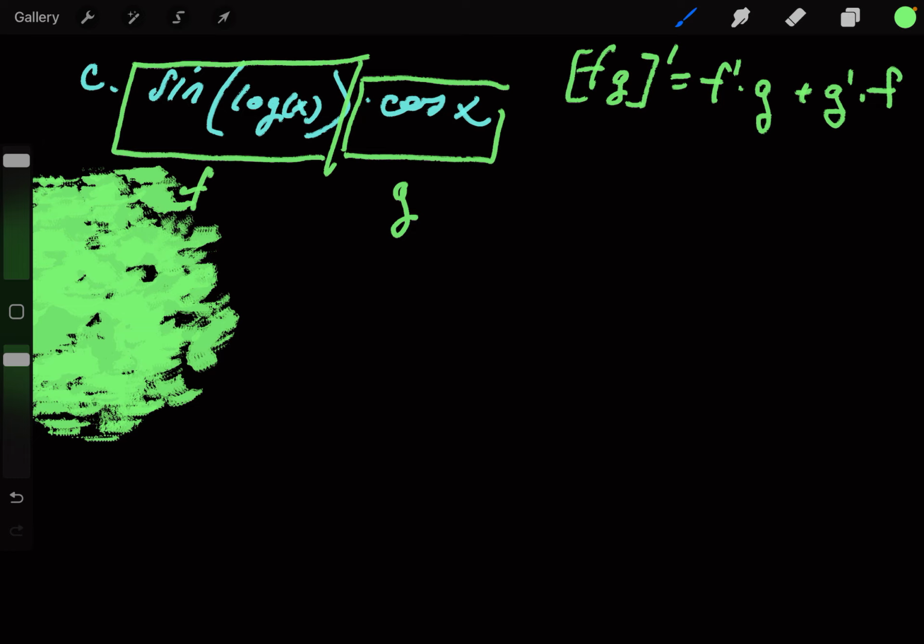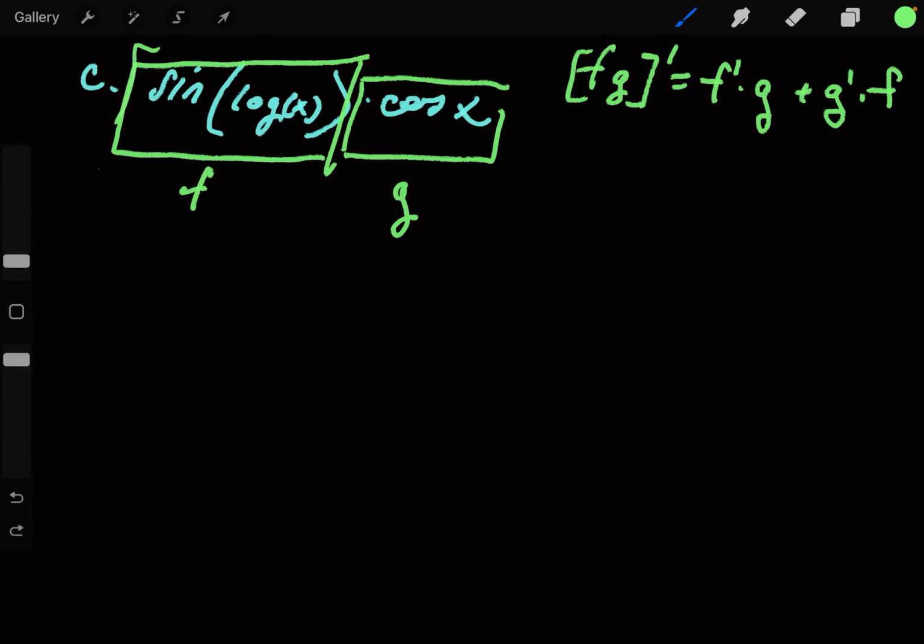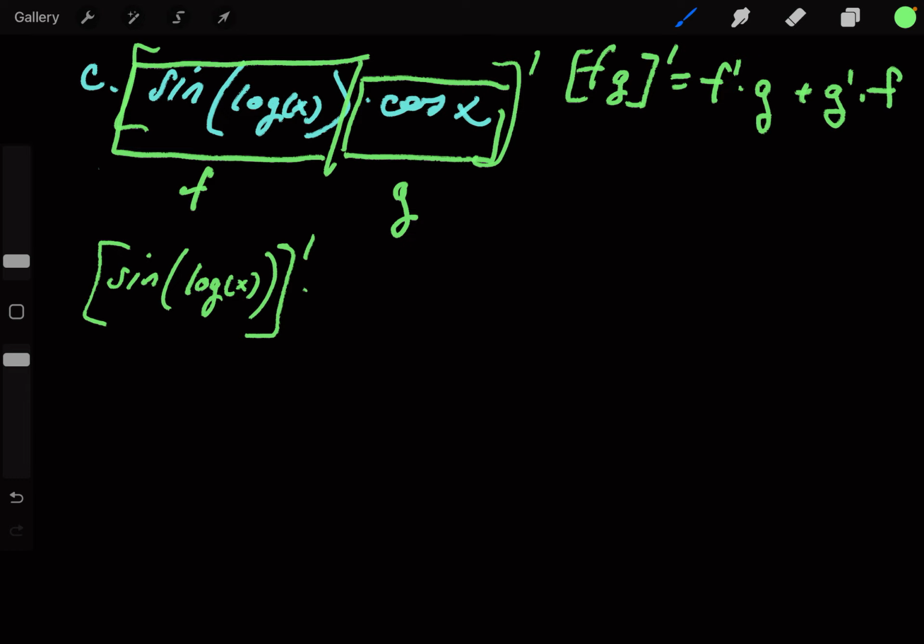So what's going to be the derivative? The derivative of this whole thing is going to be the derivative of this. So let's write it out without doing any work, just for good bookkeeping, right? It's going to be the derivative of this times cosine x plus the derivative of cosine x. I could write that. That's easy.